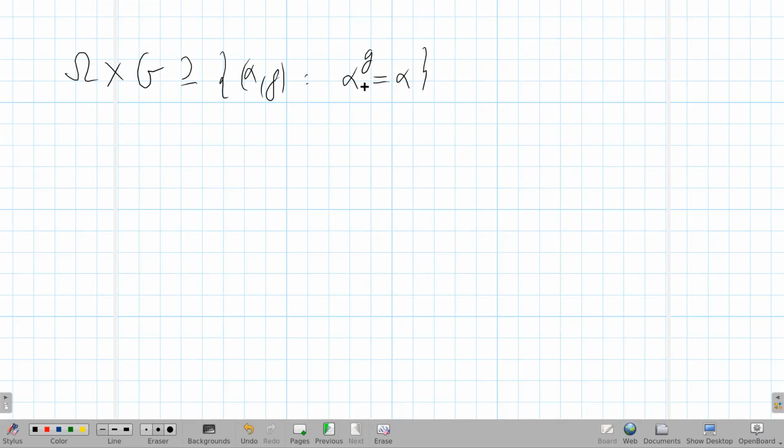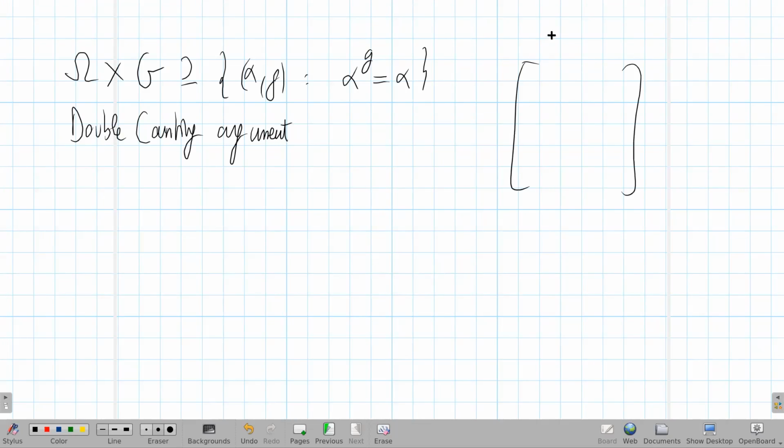We now employ a very standard but quite nice argument in combinatorics, which is the double counting argument. That is, we have this square, omega times G, and we have these elements alpha G. We count first by row and then by columns. We count once by row and once by column.